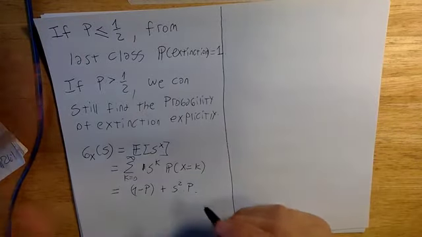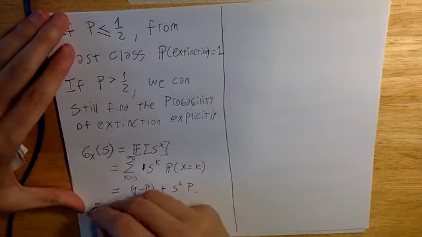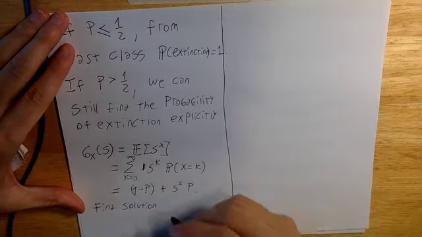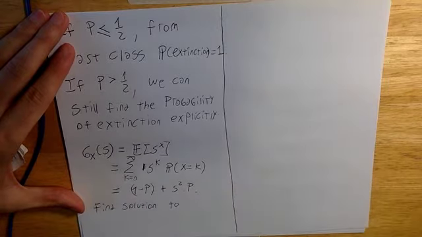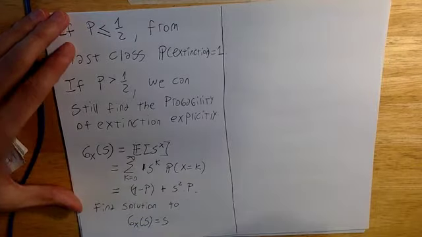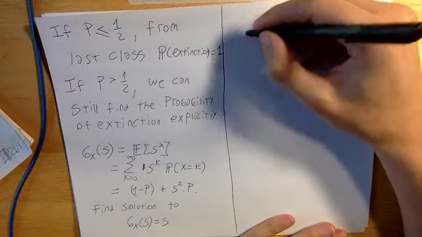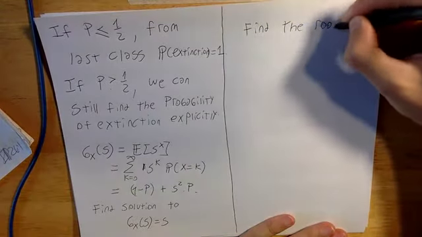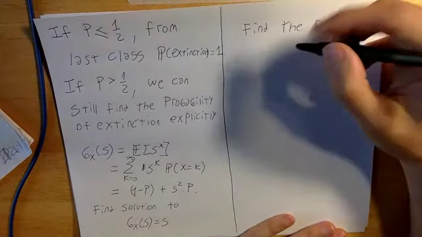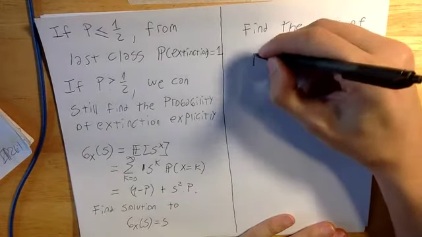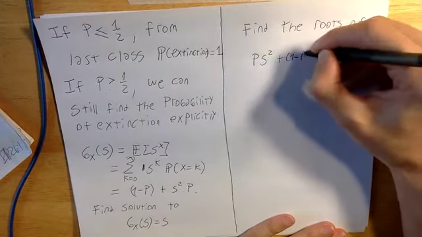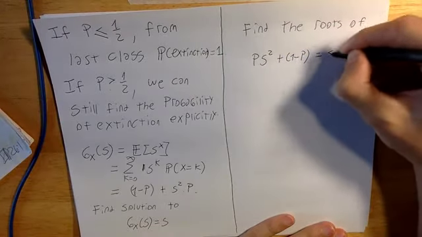So if we want to find solutions to g of X of s equal to s, what we need to find are the roots of p times s squared plus 1 minus p equals s.